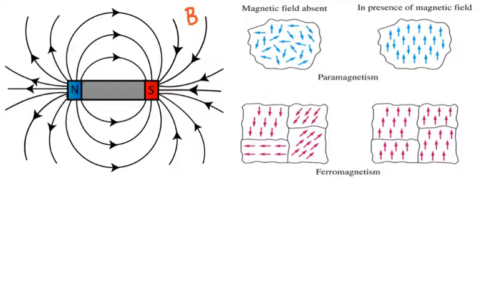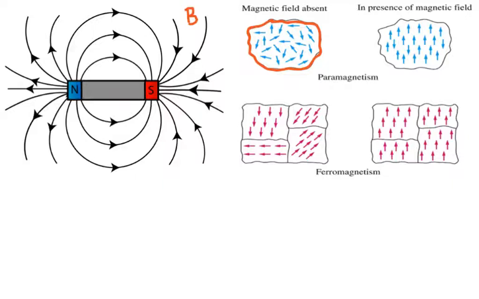The electrons in most objects spin in random directions, and their magnetic forces cancel each other. So here in this picture, in the first one, you see what are called magnetic domains. So every single area that you see is a magnetic domain. Because electrons in non-magnetic materials spin in random directions, overall they cancel each other's magnetic field.